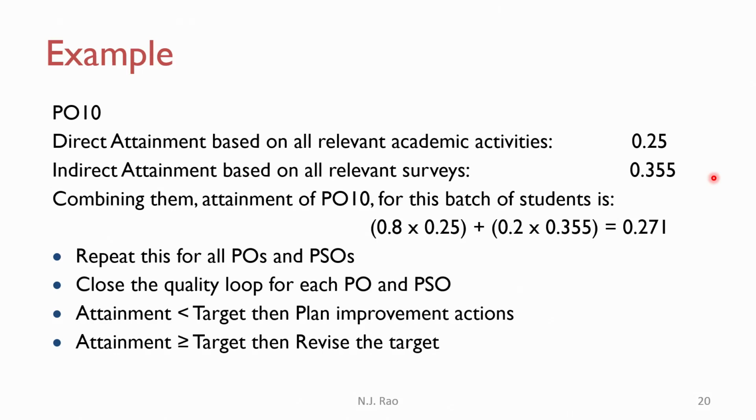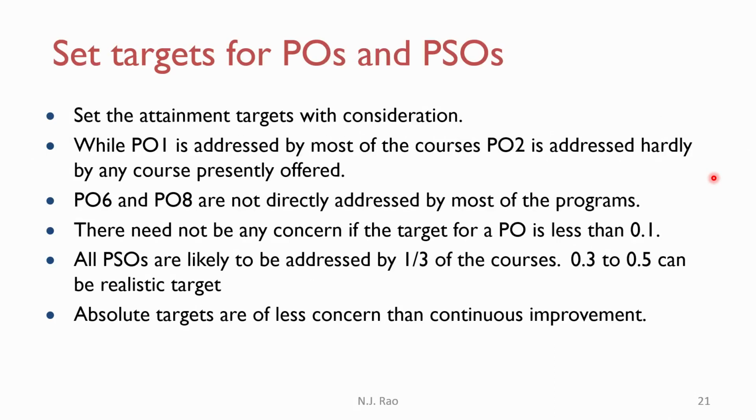Combining them by 80-20%, we get 0.271, that is our actual attainment. You repeat this for all POs and PSOs, and close the quality loop for each PO and PSO: if the attainment is less than the target, then plan improvement actions. You have to plan some activities that will improve it, or otherwise revise the target if it has been exceeded.